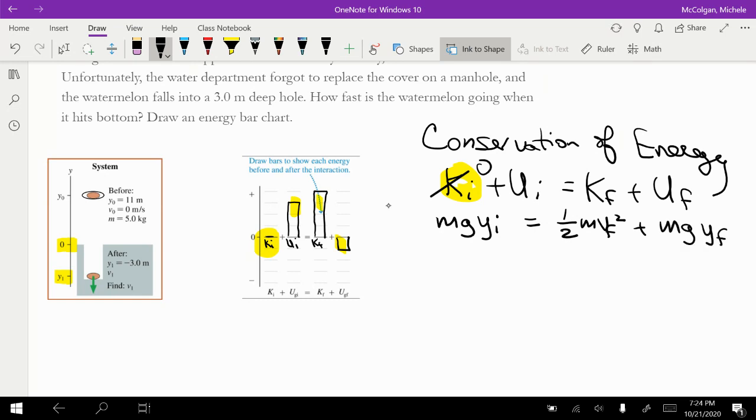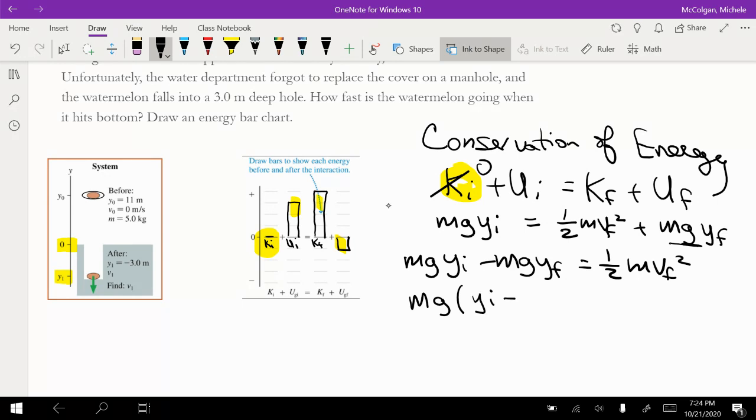Okay, and so I'm going to bring this term over to the other side by subtracting it from both sides. So I'm going to have mgy initial minus mgy final is equal to 1/2 mv final squared. Now I'm going to combine terms, so I'm going to factor out mg, and then I'm going to have y initial minus y final is equal to 1/2 mv final squared.